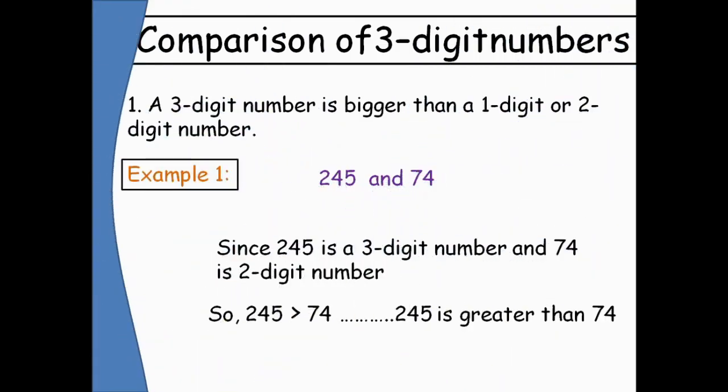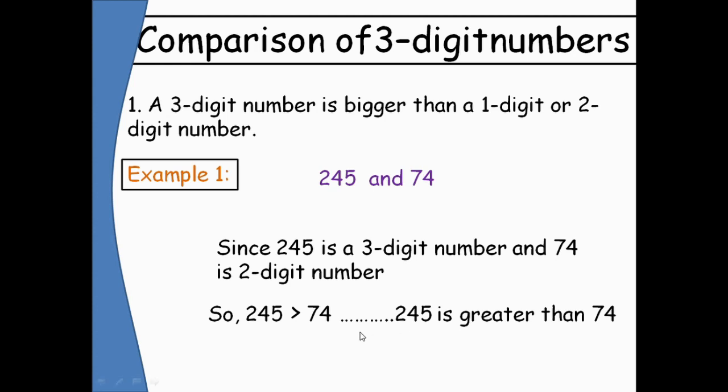Now we come to another topic, comparison of 3-digit numbers. To compare 3-digit numbers, we have to follow a few rules. Rule number 1, a 3-digit number is bigger than a 1-digit number or 2-digit number.